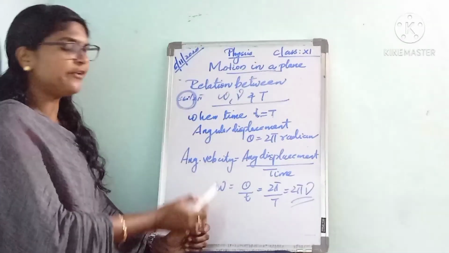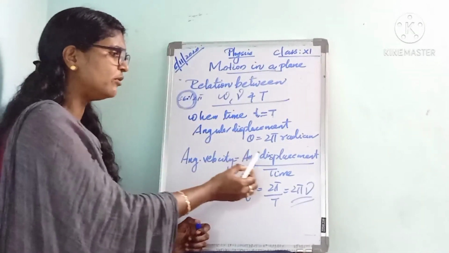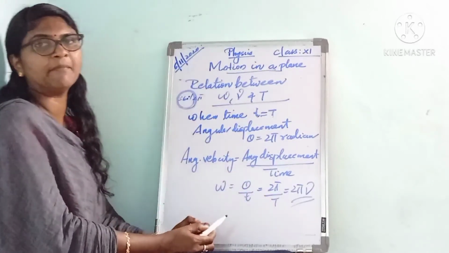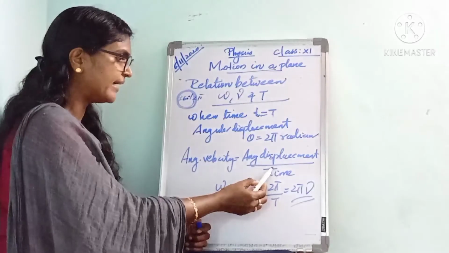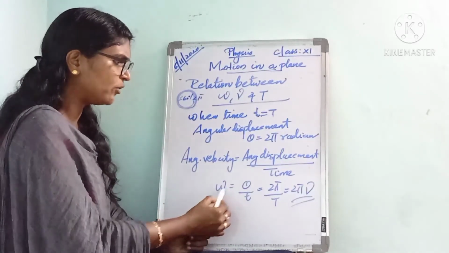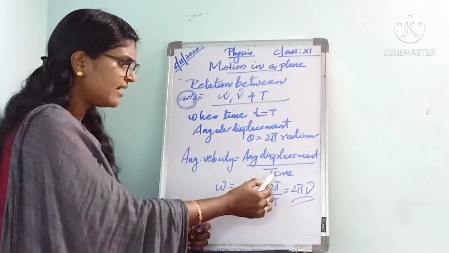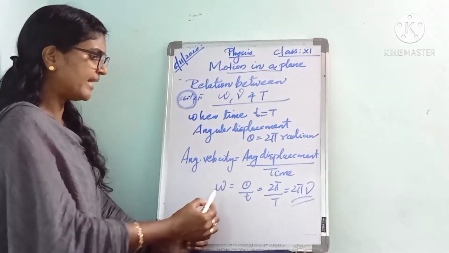You know the angular velocity is equal to angular displacement by time. Here, angular velocity omega equals theta by t.